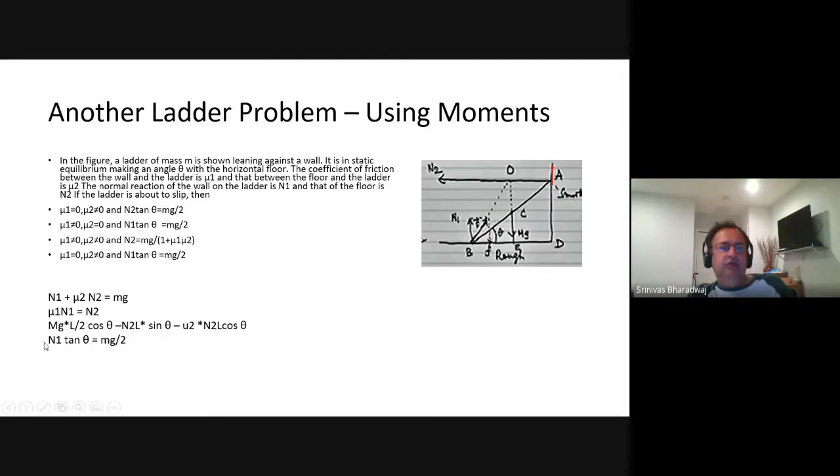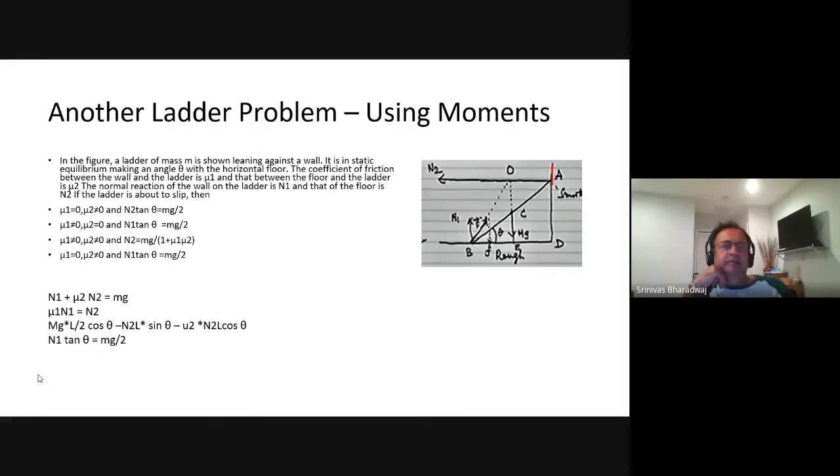When you plug that in, you end up with another equation, and when you plug those numbers in, you end up with N1 tan theta equals mg by 2. Okay, mu1 equals 0, mu2 not equal to 0, and N1 tan theta equals mg by 2.